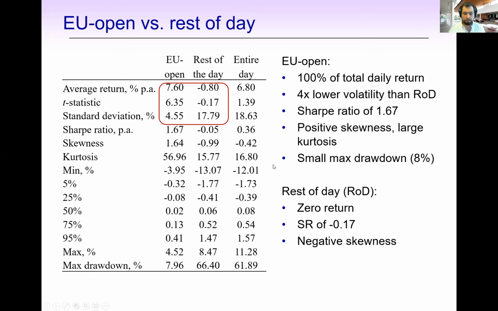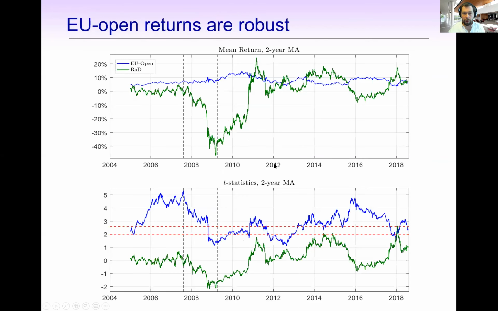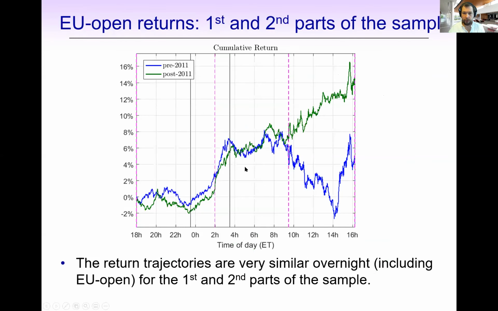All right, EU Open returns are positive and significant in every weekday, every calendar month, and are positive in every year of our sample period and significant in most of those years, while returns during the rest of the day are almost never significant. If we split the sample into 2 halves, you can see that the return paths deviate during the US trading session.